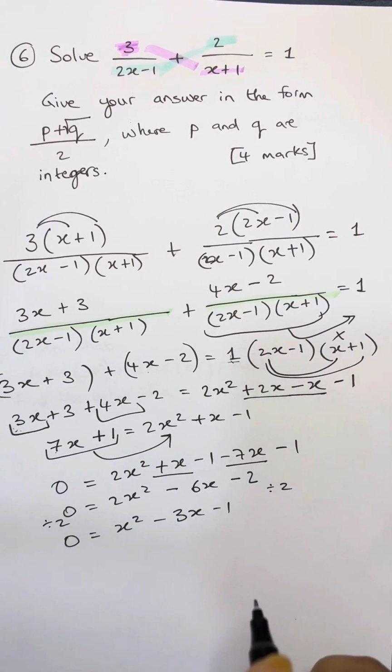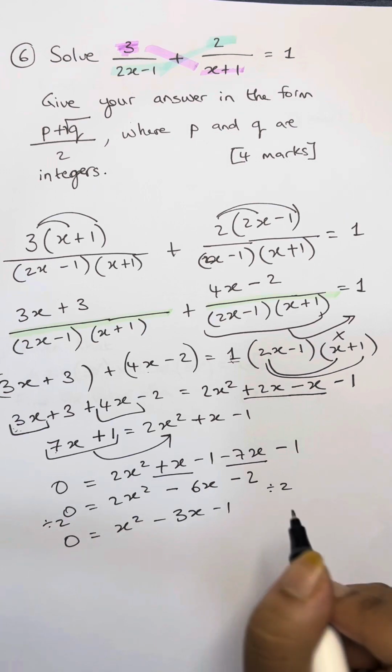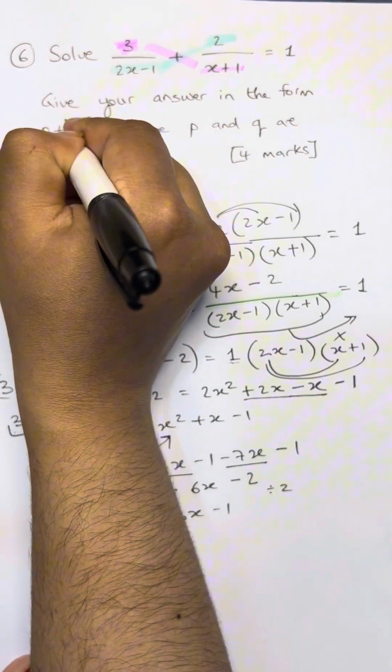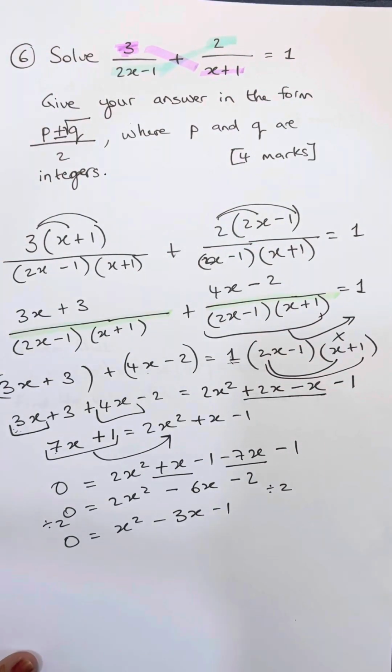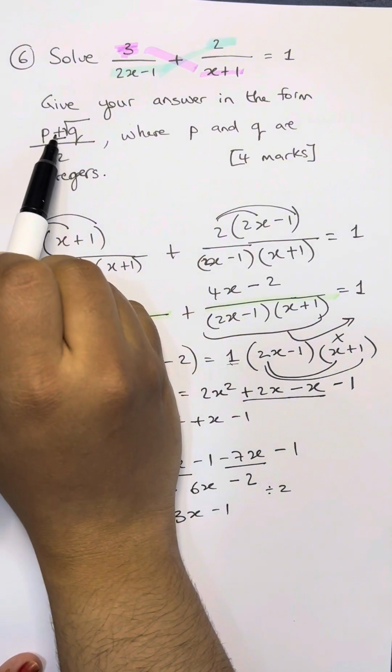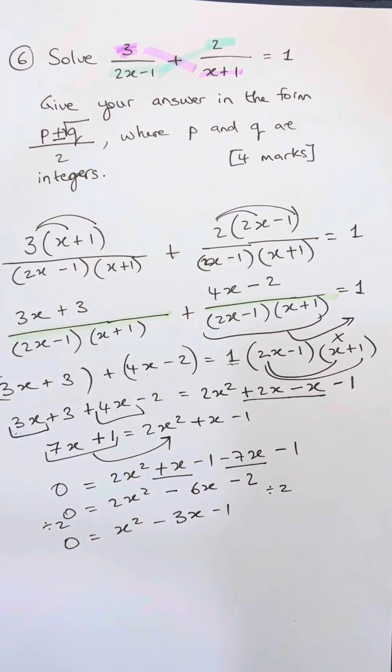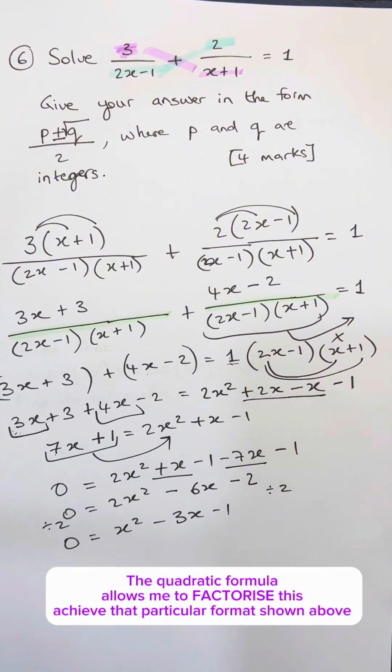But this is not done yet because my final answer has to be in this particular format, right? In this particular format here, which is p plus minus square root of q. Yeah? What I need to do in this case, I need to use the quadratic formula.